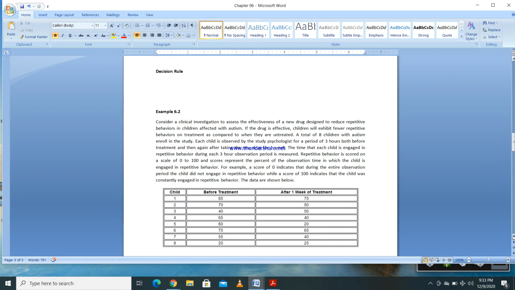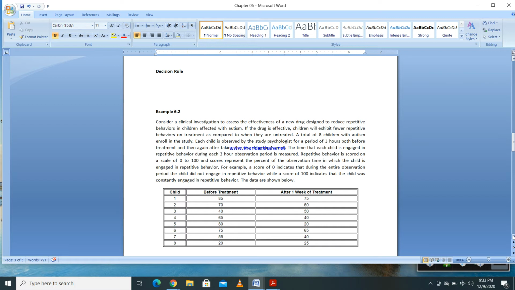The time that each child is engaged in repetitive behavior during each 3-hour observation period is measured. Repetitive behavior is scored on a scale of 0 to 100. Scores represent the percent of the observation time in which the child is engaged in repetitive behavior.